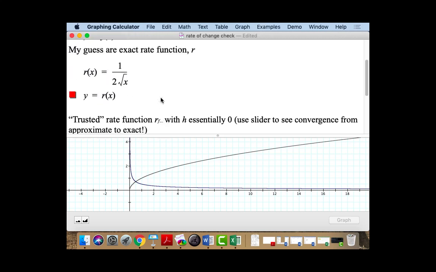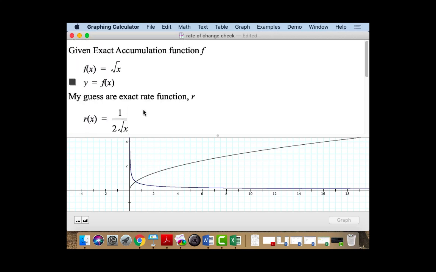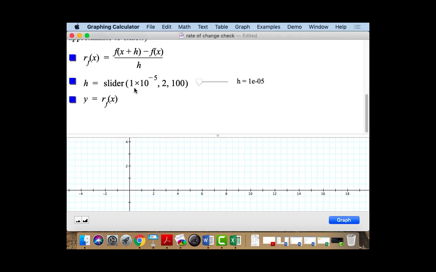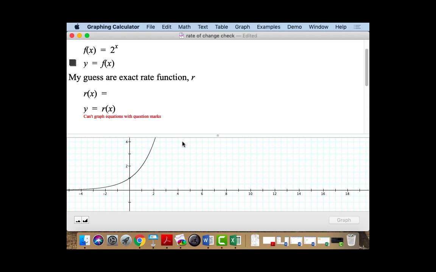So let's take a look at different functions. I think I had on the screen y equals, I said a to the x or something. So let's suppose I have f of x equals 2 to the x. So I'm going to hide any rate functions for just a minute, so we can just look at y equals 2 to the x, which looks like this.